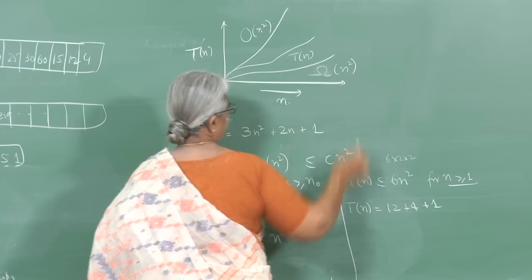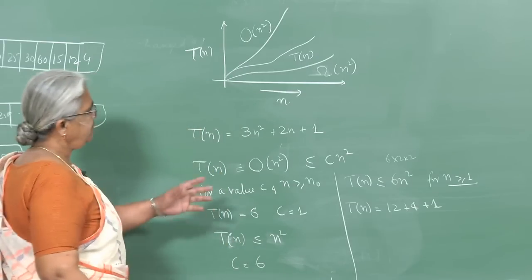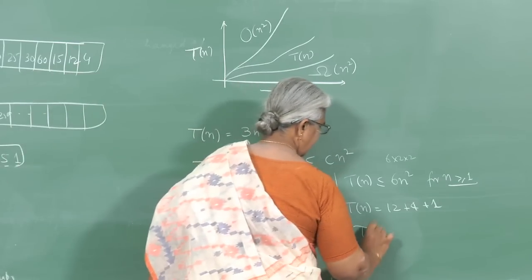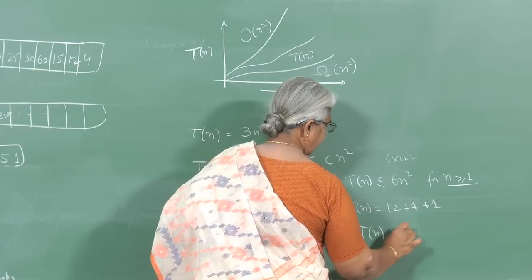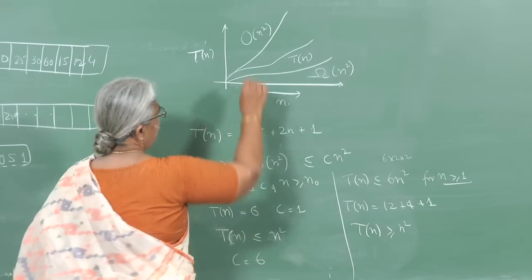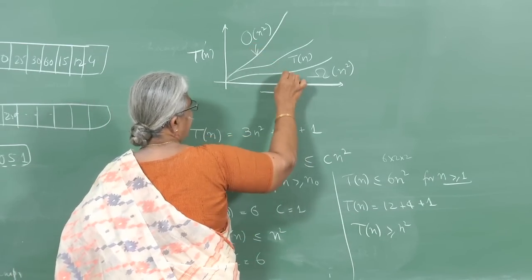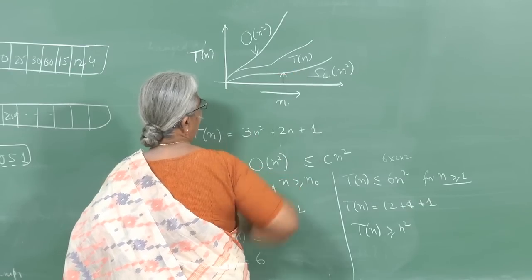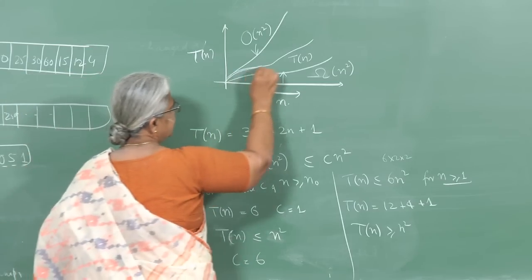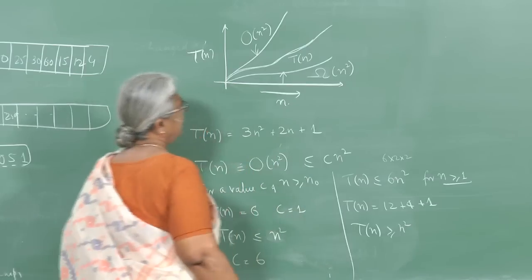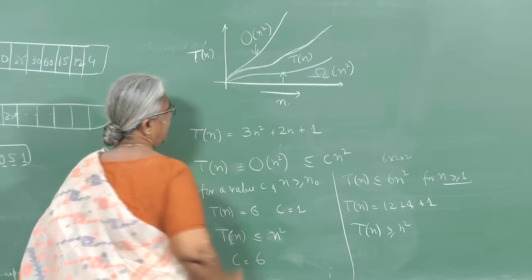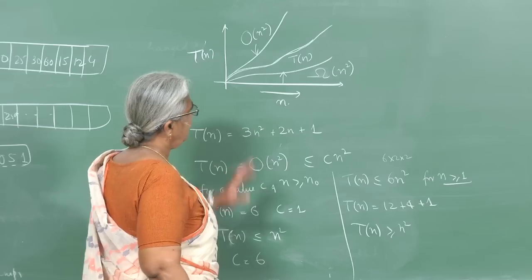If I say big omega of n squared, for example, if c equal to 1, we can always say T of n is going to be greater than or equal to n squared. Okay. So, you have an upper bound for the running time of the algorithm and a lower bound for the running time of the algorithm. What it says is T of n, which is the actual running time of the algorithm, is going to be bounded on one side by big O of n squared and omega of n squared on the lower end.